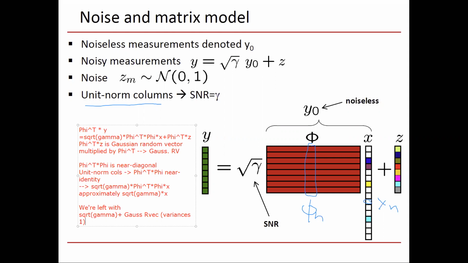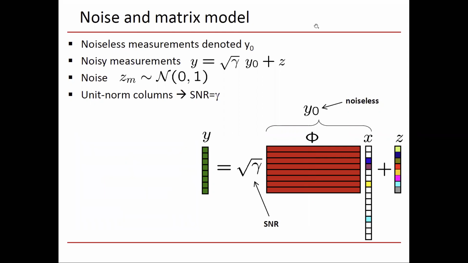And that's why, because we have square root of gamma times x plus that Gaussian random noise with variance 1, gamma is the signal to noise ratio. We're multiplying the signal by square root of gamma, which means that the energy in the signal will be multiplied by gamma, whereas the energy in the noise will be 1, and the signal to noise ratio is gamma. So that's our measurement noise model.